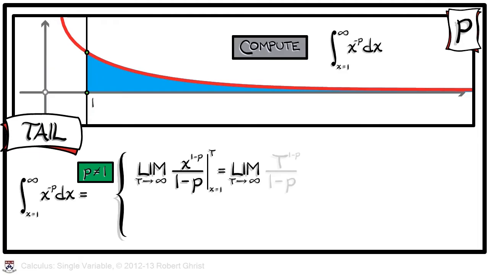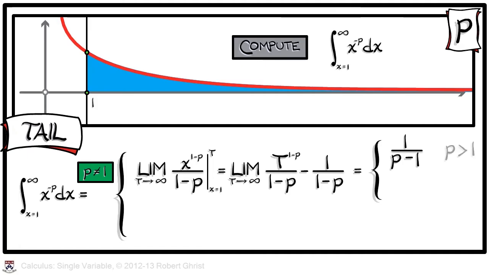That is, we're taking the limit as t goes to infinity of t to the 1 minus p over 1 minus p, minus 1 over 1 minus p. Now this limit is going to be infinite sometimes, but when p is bigger than 1, then the first term goes to 0, and we're left with 1 over p minus 1.